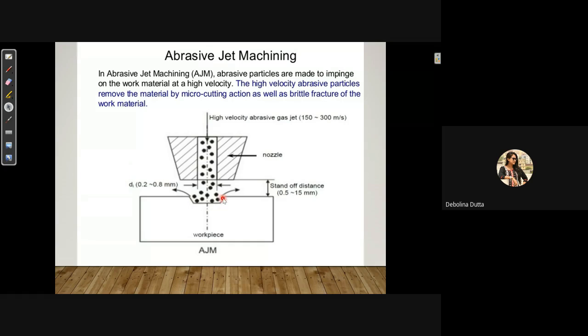You can see an indentation already done over here, because of the kinetic energy of the grit particles converted into mechanical work when they interact with the workpiece. It indents the surface and creates a small crater.